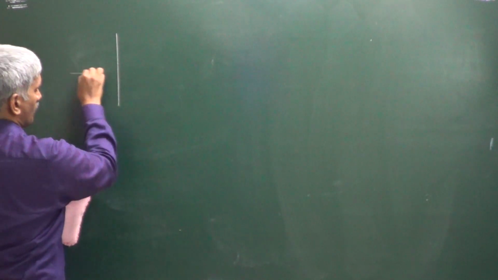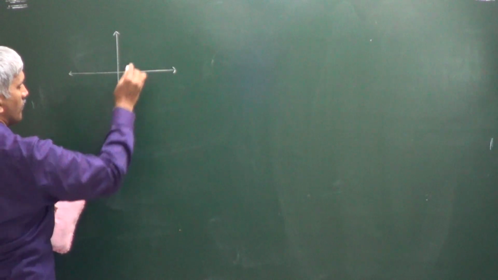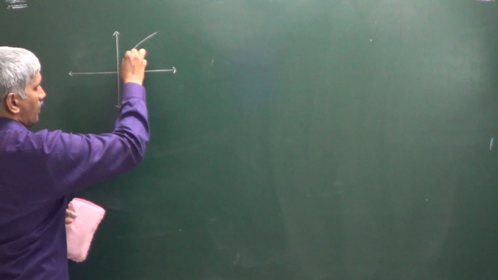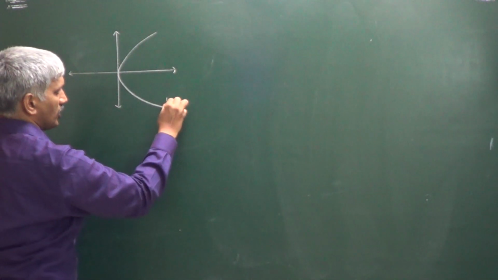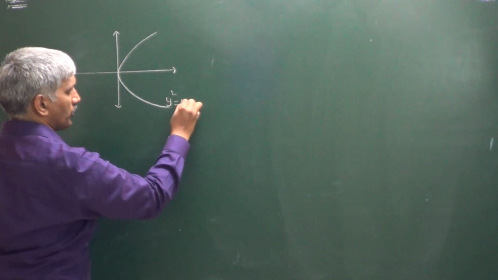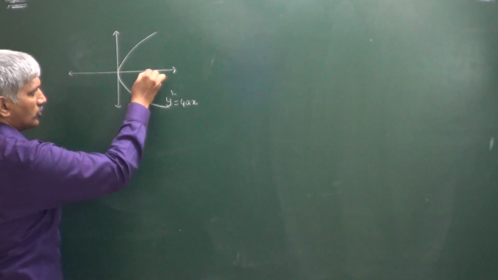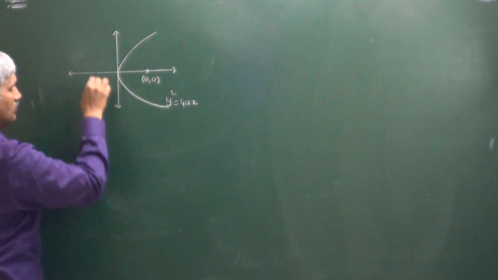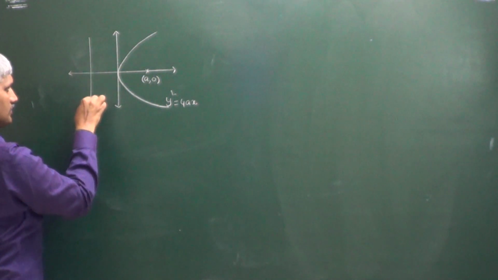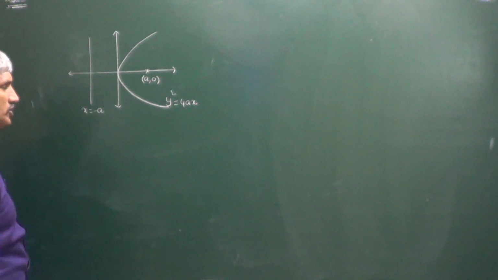This is the first case we discussed, the parabola y square is equal to 4ax. For this parabola, just now we discussed the focus is a comma 0 and this is the directrix. The equation of the directrix is x is equal to minus a.